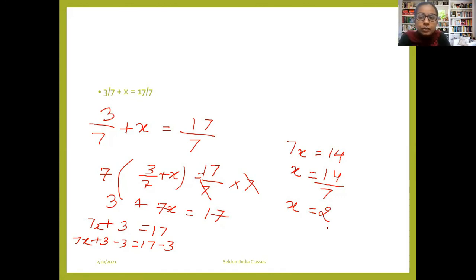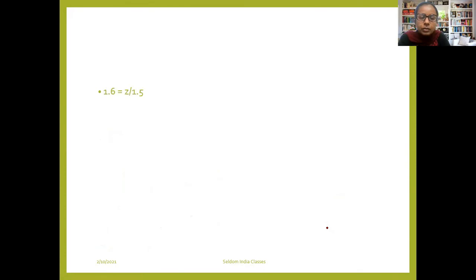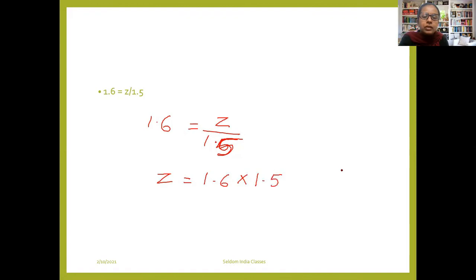Now moving to our next problem. This is 1.6 equals z by 1.5. Now we will solve this problem by cross multiplication. z equals 1.6 into 1.5.